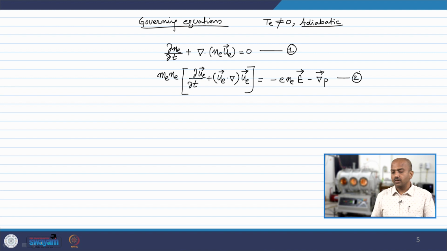The change is you have included the pressure gradient as an additional term on the right hand side of the momentum equation.